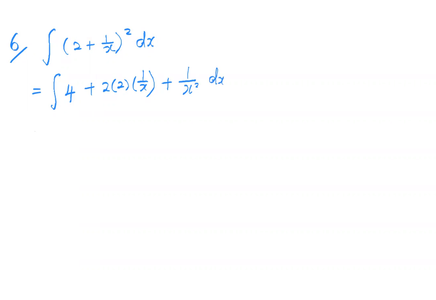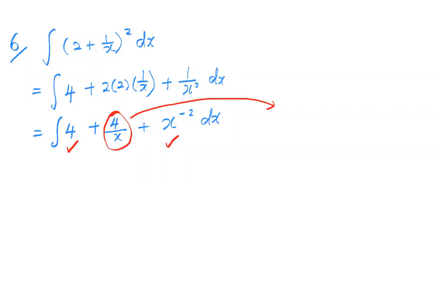So now I have this. Look, 2 of them I can settle. This one can settle, this one can settle, no problem. But can you settle this? You tell me which rule to use.